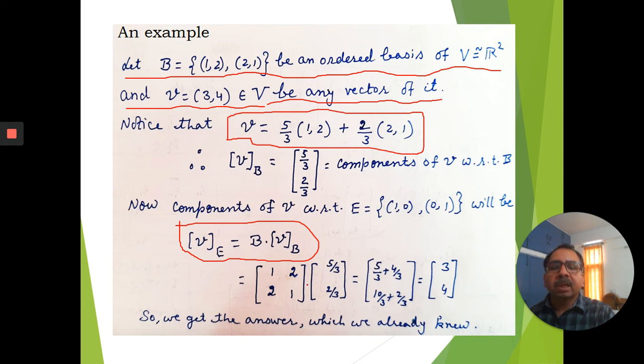Now multiply this matrix by this. So first row and first column, you will get 3, 4. So 3, 4 are the components of this vector with respect to the standard basis. Thank you very much.